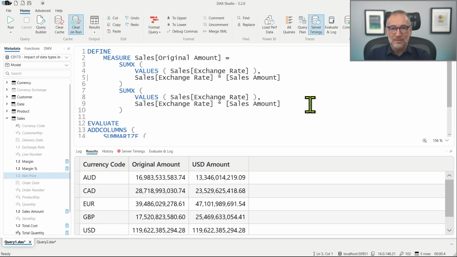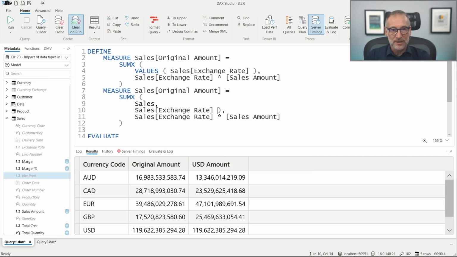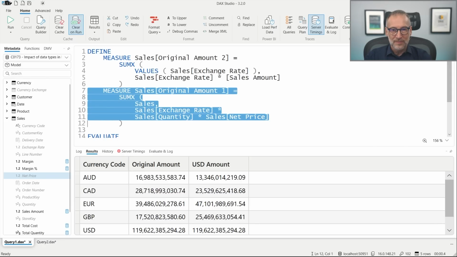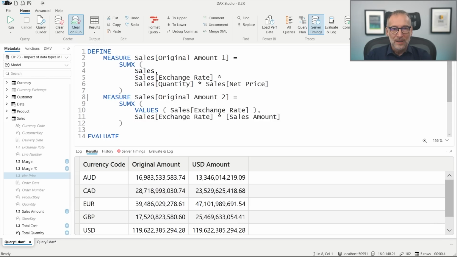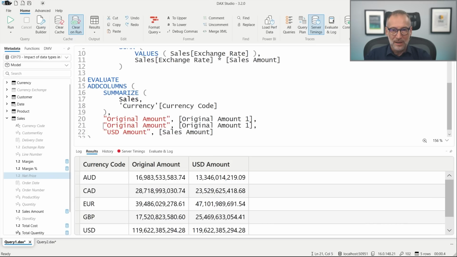Let's add the original amount that just iterates over sales and computes exchange rate times sales net quantity times sales net price, and let's call it original amount 2, and this is 1 just because that was the first one we used, and then we use original amount 1 and original amount 2.